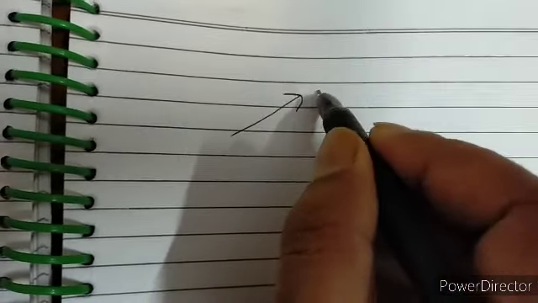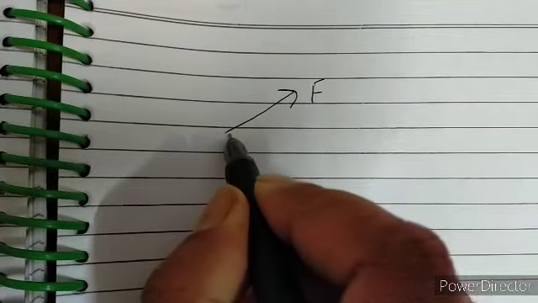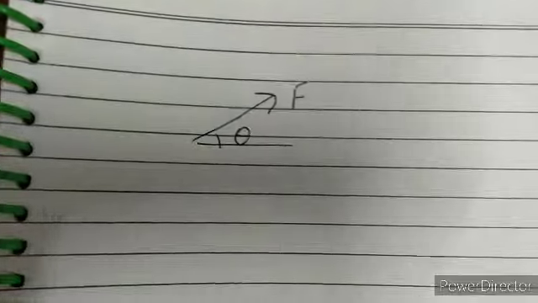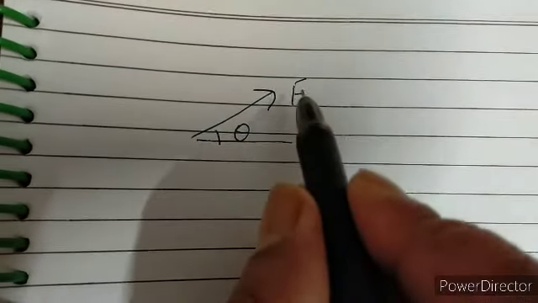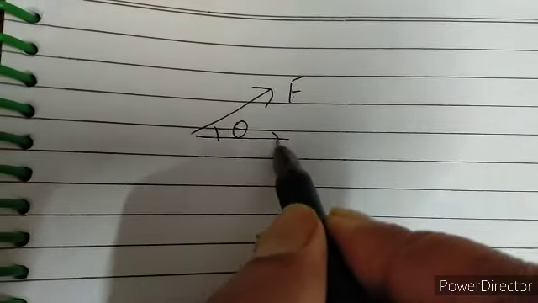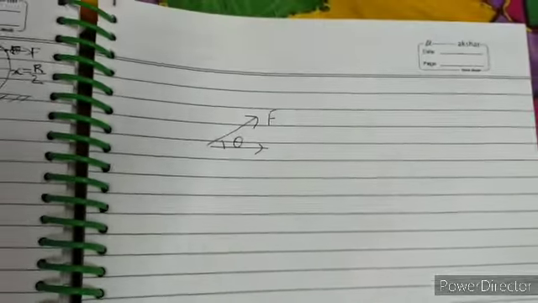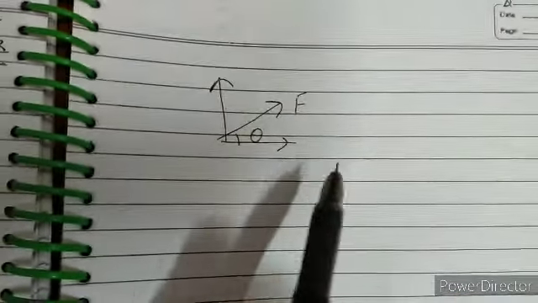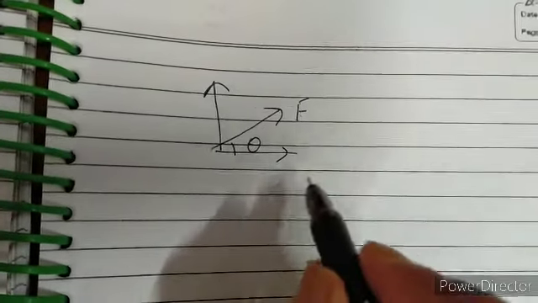First of all, suppose we have a force in this direction and this angle is theta. Then there are two components of force, one along the horizontal direction and the second along the vertical direction. So these are the two components of the force.